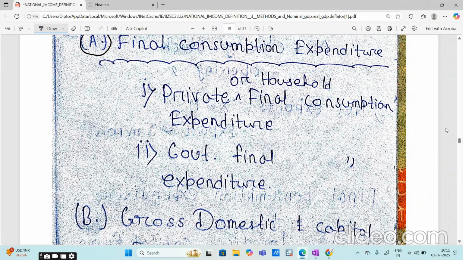Why is it final? Because by the word final, we basically mean that the consumption expenditure should be done on final goods. What is a final good?